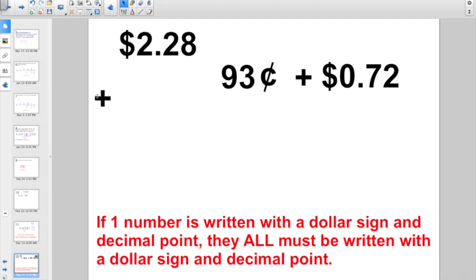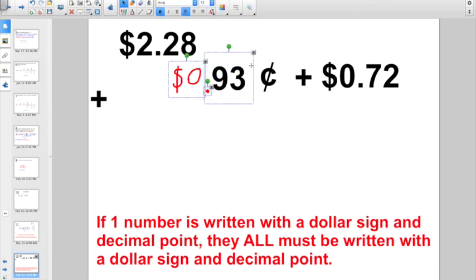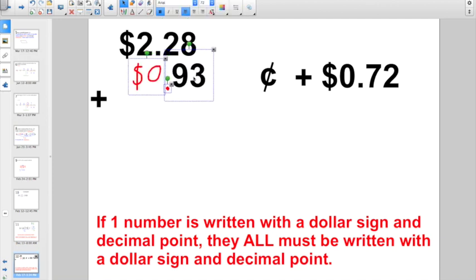So I'm going to start off with $2.28, but 93 cents is not written with a decimal point. It's in cent form. If I was going to write it in dollar form, I would have to set it up and line it up at the decimal point.